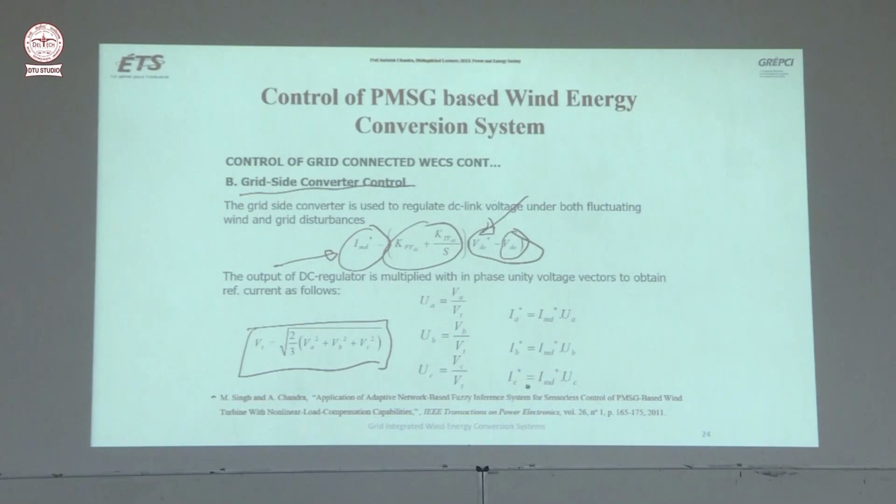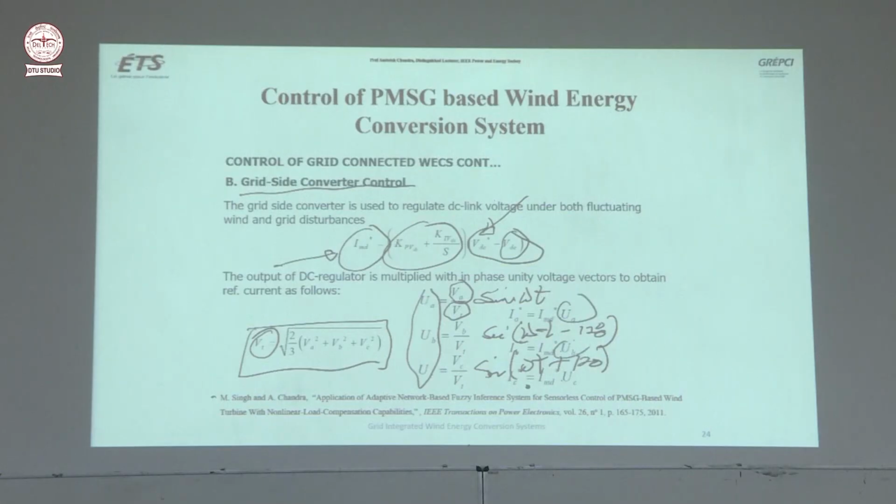So you have unit voltage vector, measured voltage divided by Vt, and it will give you sine omega t, sine omega t minus 120, sine omega t plus 120. So this is UA, UB, UC, you multiply it by this and you get IA reference, IB reference, IC reference. So very simple control.